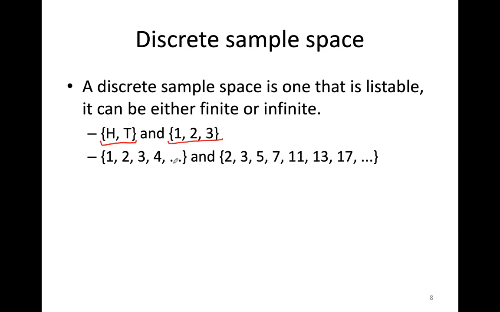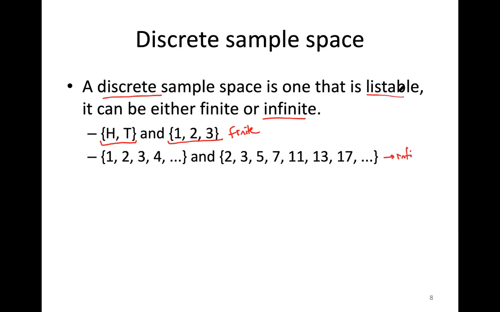Then we would say it is listable. I can list it, but there is no endpoint here, which is why we call it infinite. So a discrete sample space might be either finite and listable or infinite.